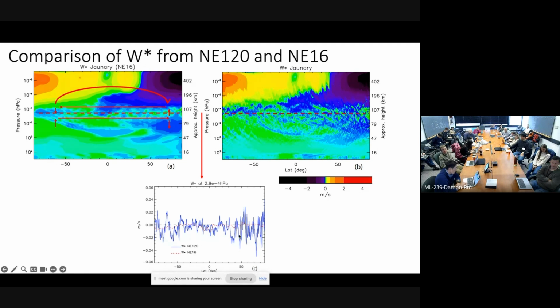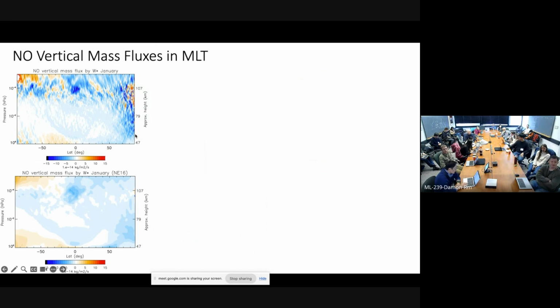The blue, on the other hand, also has upward components, but there are very large downward flow channels, mesoscale flow channels. This is the very large spatial variability, and it provides a lot of channels for the NOx to come down. This can be seen from the flux calculation. This is the NO mass flux from the residual mean circulation in the high res and low res.